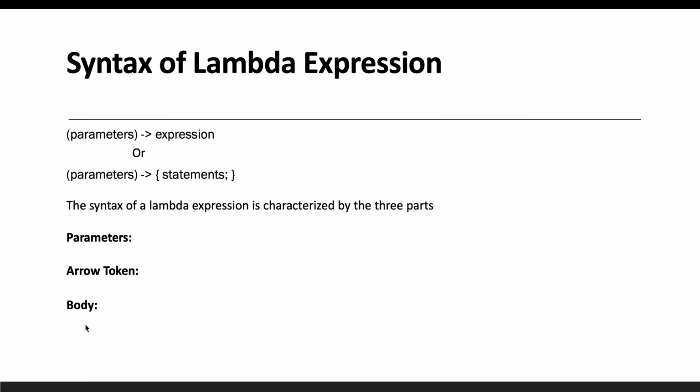The next part is the body. The body of the lambda contains expressions or statements describing the method's functionality. It is similar to how we create a function. We need to give some name, then parentheses, right? And here we provide the arguments, and then inside the curly braces we write some logic for the function. Similarly, you just consider this something like the body of the lambda.